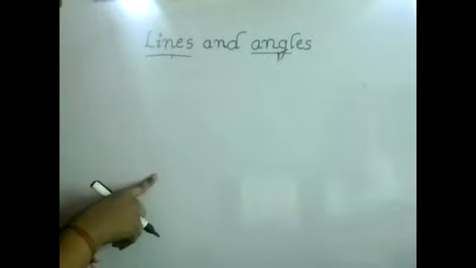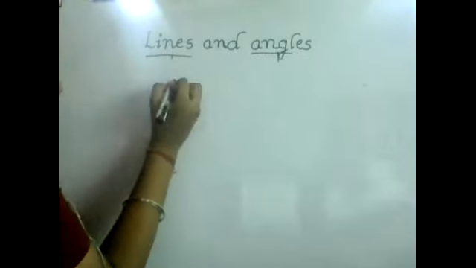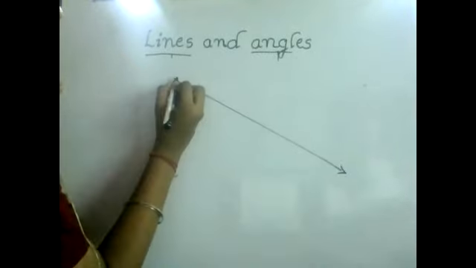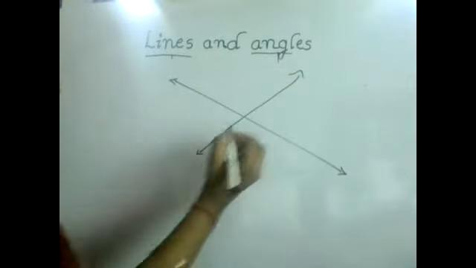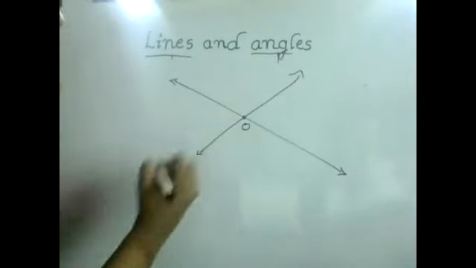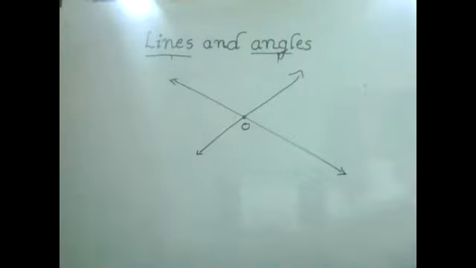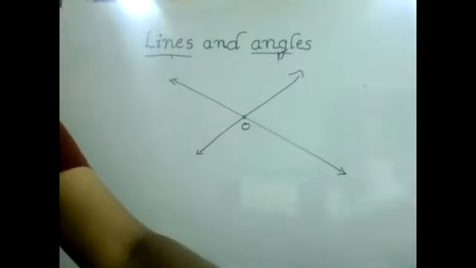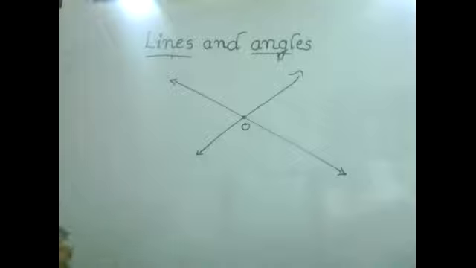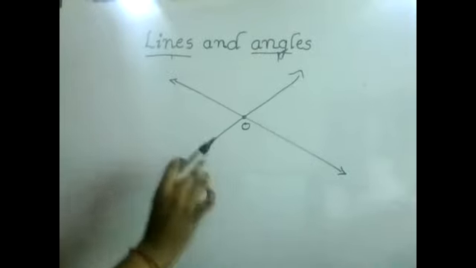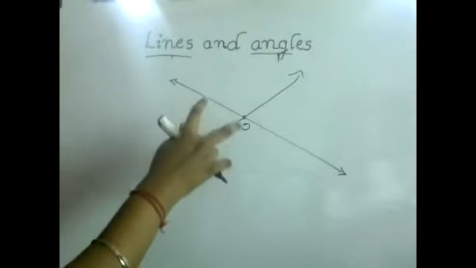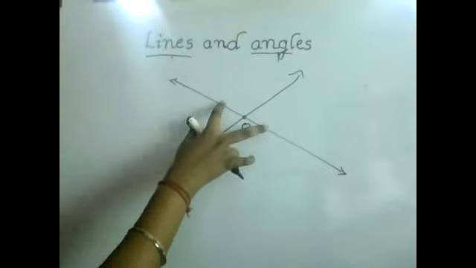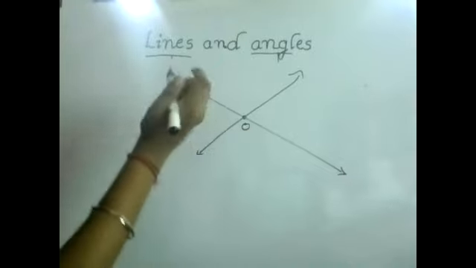When two lines intersect at a common point, then we can say these are intersecting lines. So first we should know what intersecting lines are.